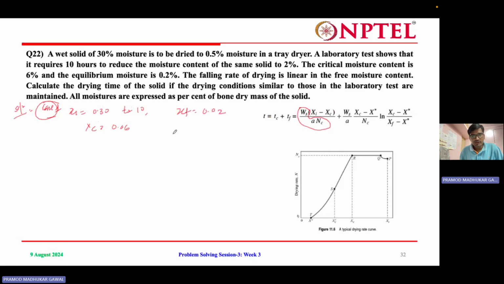So put all the values in this equation and you will get the term Ws by A and Nc. I already calculated it, so Ws by A Nc equals 32.48.